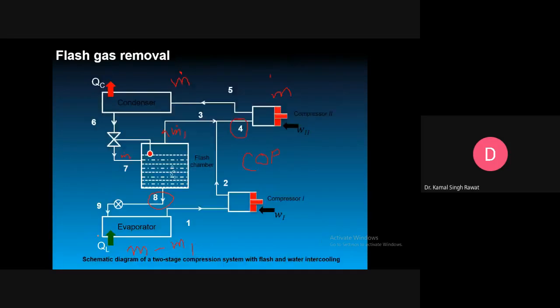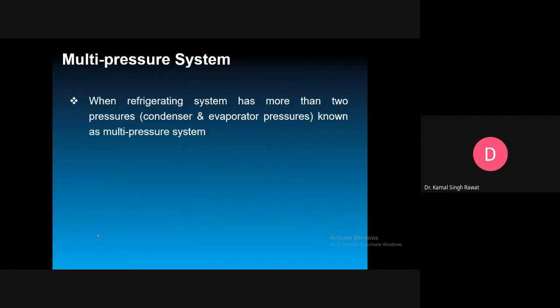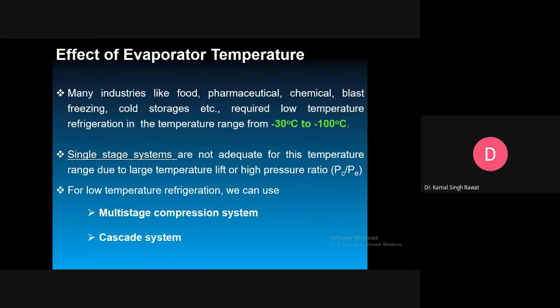In this lecture, we have discussed the limitation of the single stage system. Then we saw what options we have. If you want to achieve refrigeration in a very low temperature range, we have to use multi-stage systems. And we have two options: either multi-stage compression or cascade system.